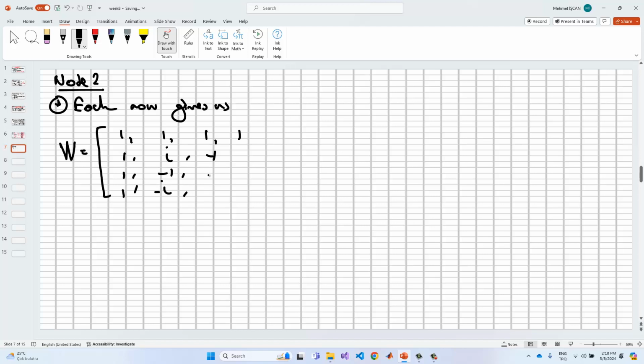And so minus 1, 1, and minus 1, right? And minus i, minus 1, and i, right? See that, this is the first pattern of the signal. Okay, this is the unity based signal.